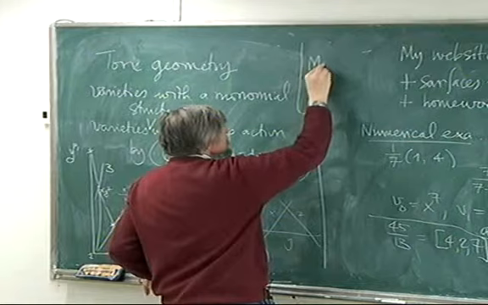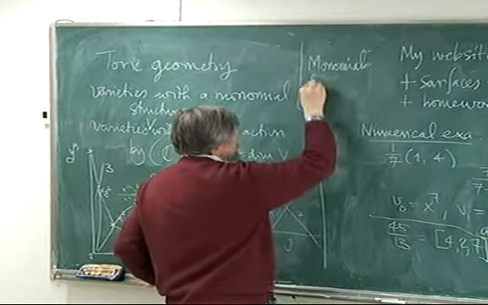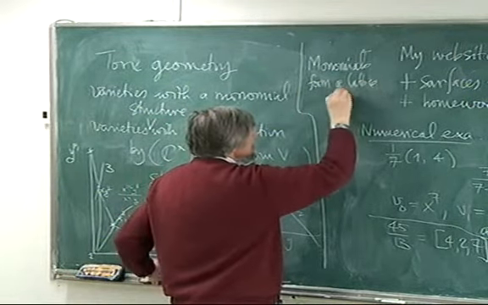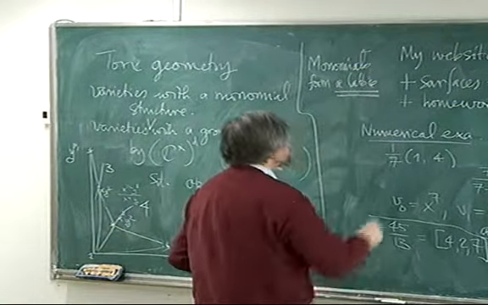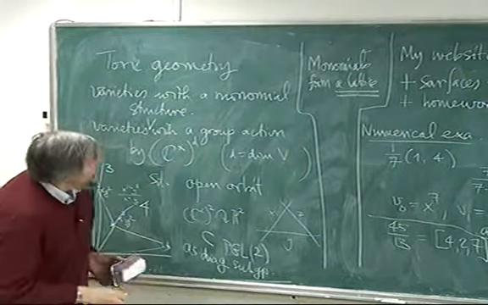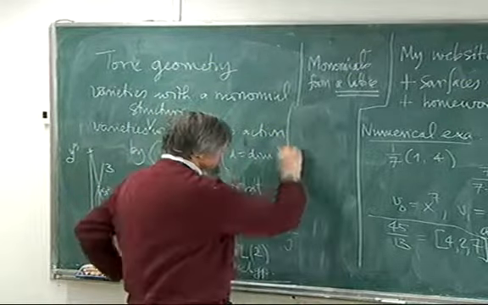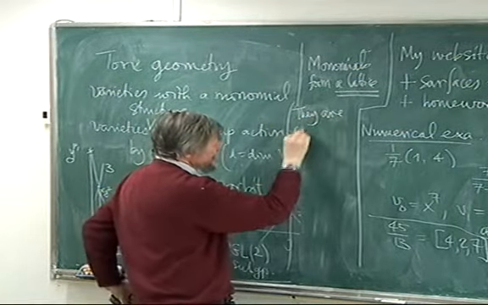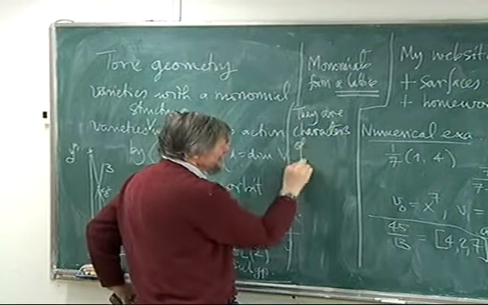Monomials form a lattice, and the monomials are also characters of the torus.